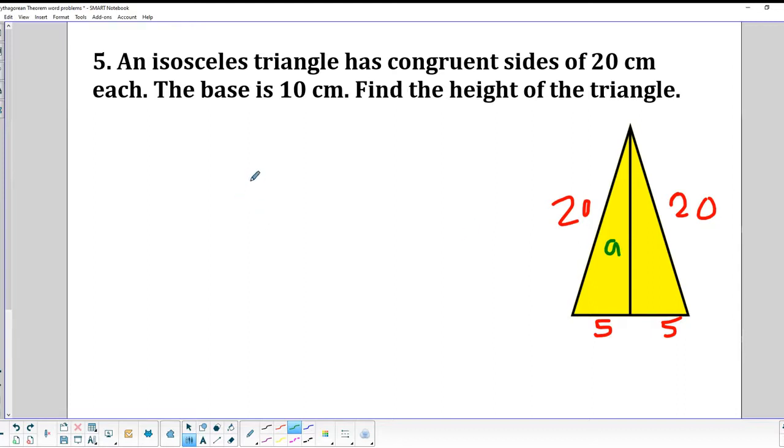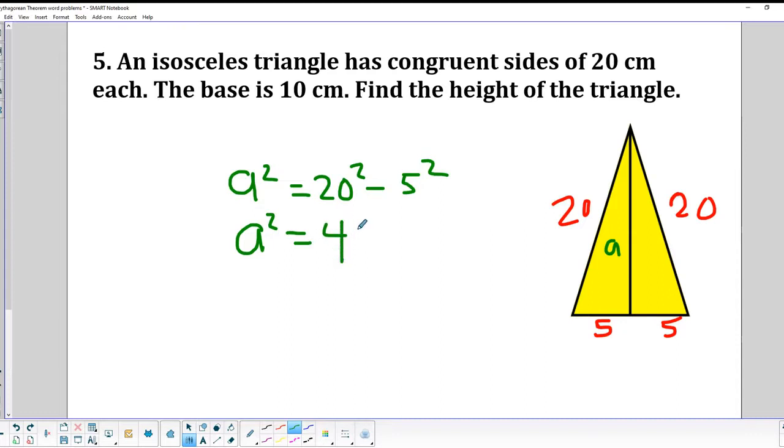So then basically we have A squared equals 20 squared minus 5 squared, or A squared equals 400 minus 25. 400 minus 25 is 375.